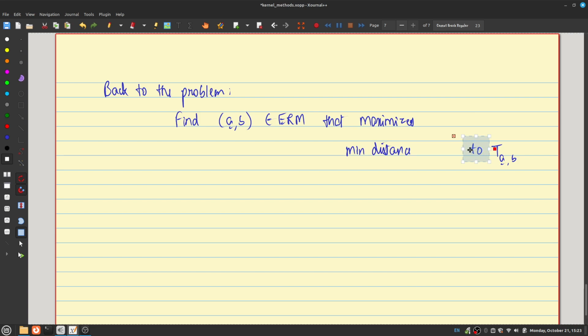Minimum distance from S to the hyperplane. So effectively, you want an empirical risk minimizer that maximizes the margin.